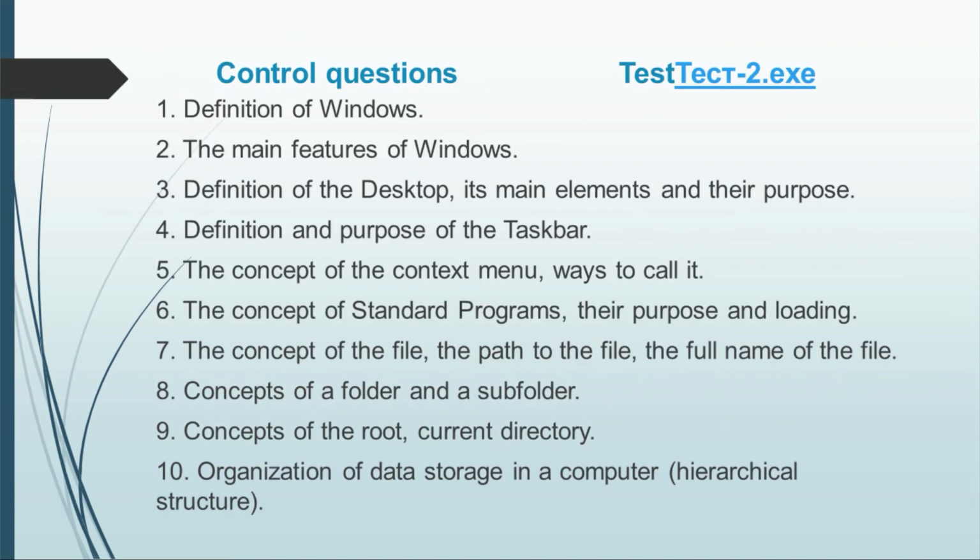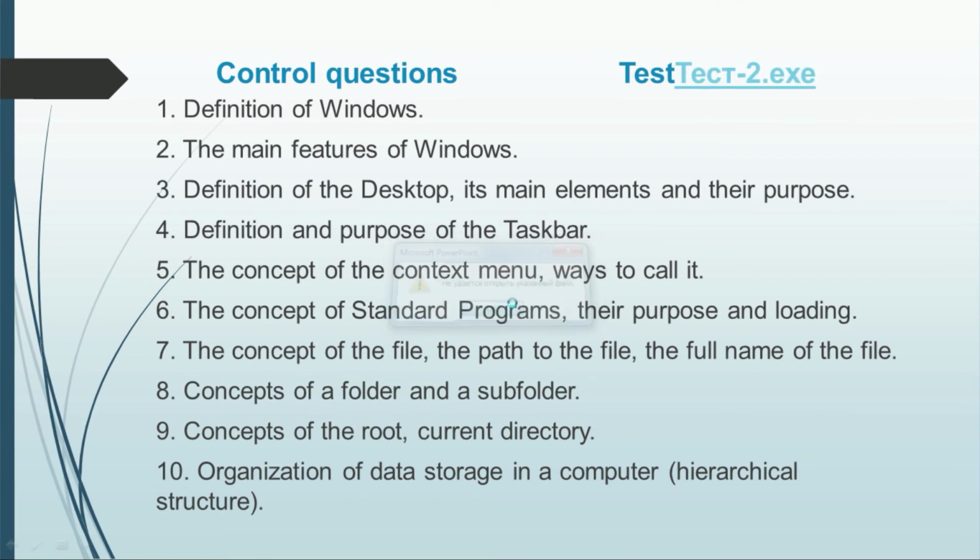And now let's talk about the control questions. You have to read the control questions, try to answer them, and give your answers to your teacher for checking. Now let's look at this test.